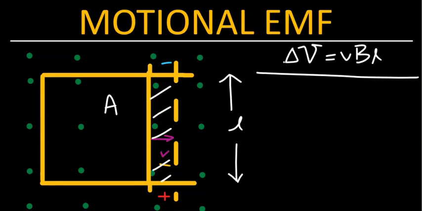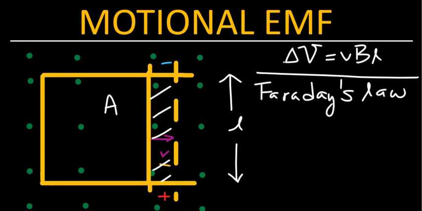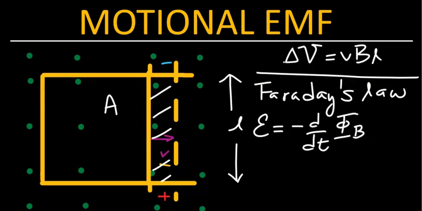Let's analyze the situation using Faraday's law. Faraday's law states an EMF results whenever there is a change in magnetic flux. And in this case, the change in magnetic flux with time is due to the changing area. The magnetic field remains constant.